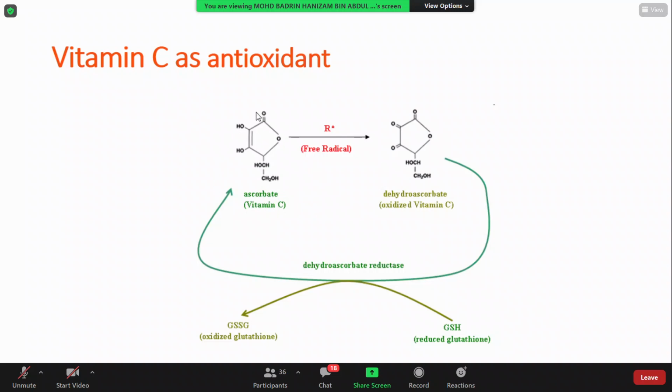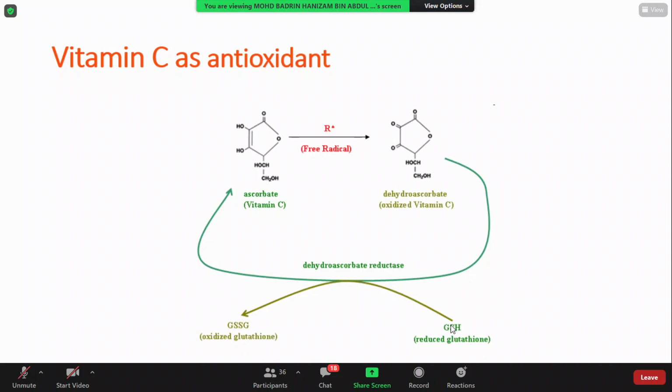an antioxidant, right? Vitamin C, in the form of ascorbic acid, when we consume it in our body, when there are free radicals, vitamin C will be converted to ascorbate, to dihydroascorbate, and then the dihydroascorbate reductase will convert the GSH glutathione to the oxidized GSSG.